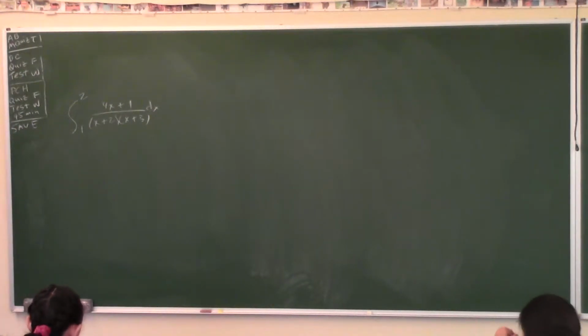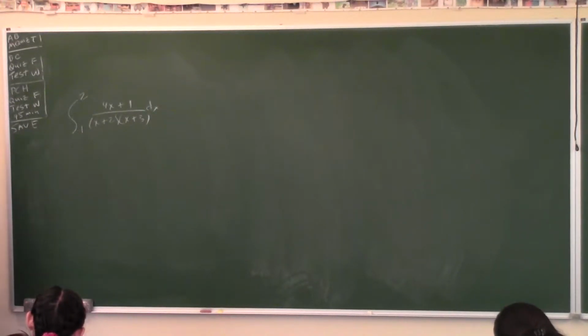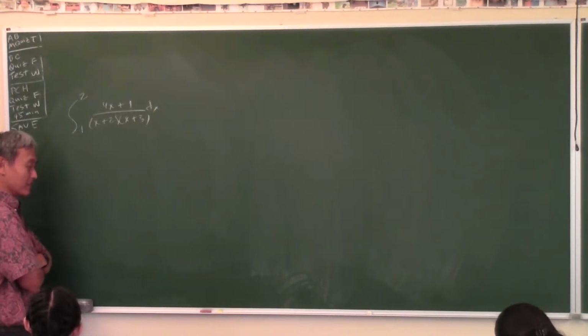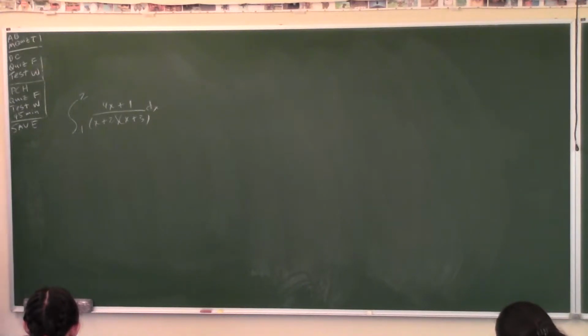Okay, there you go. How do you do this? Can I do u substitution? No, u substitution doesn't work. Can I do integration by parts, tabular? No. So what do we got?